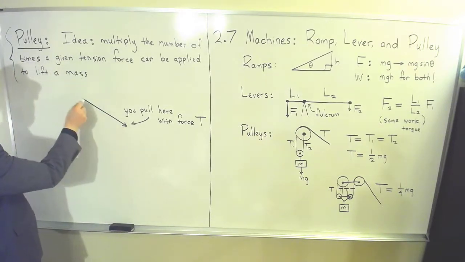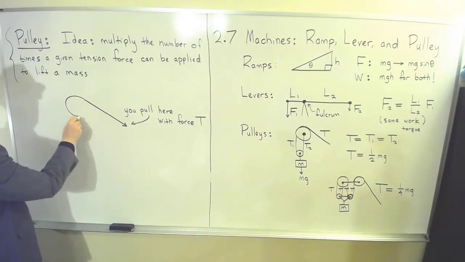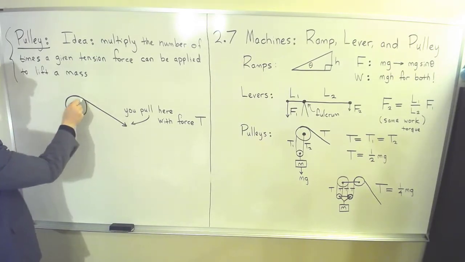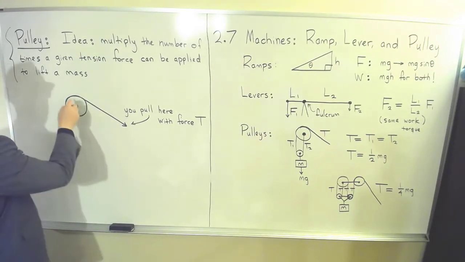Now what happens with this cable is it goes over top of this big pulley here. And so it's wrapping around.